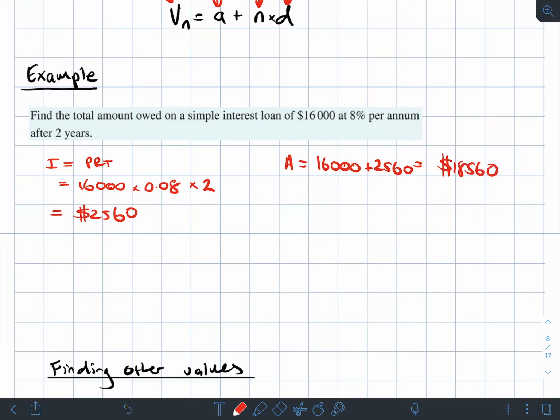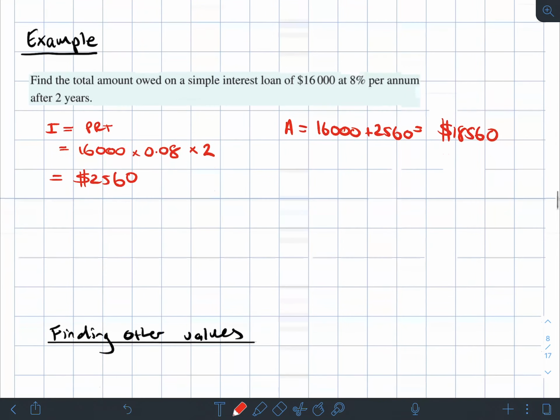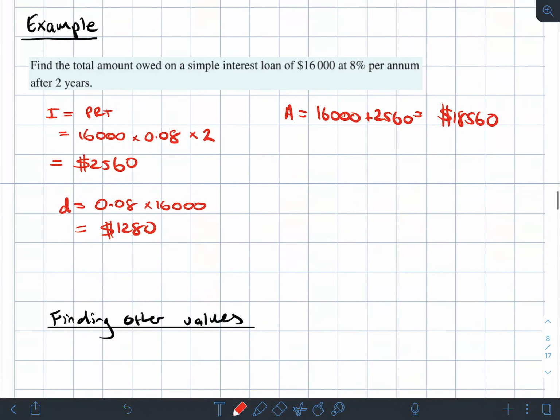Now if I wanted to do that in a recursion way, I would find the common difference, which is just this first bit, finding 8% of 16,000, which is 1,280. And then I would use the nth term rule.